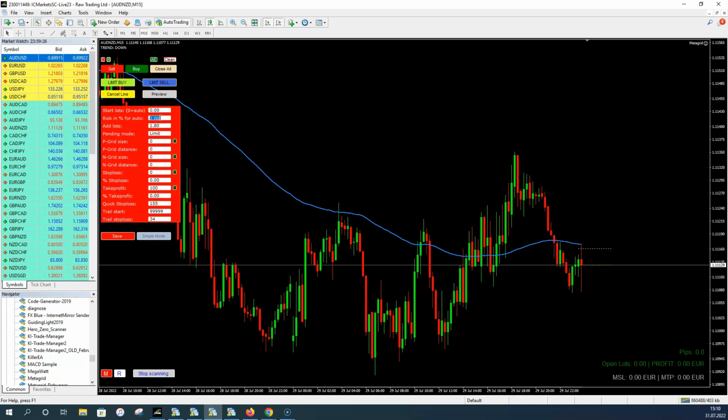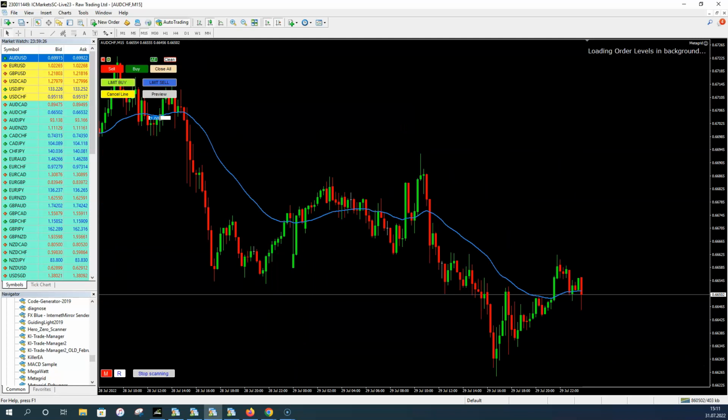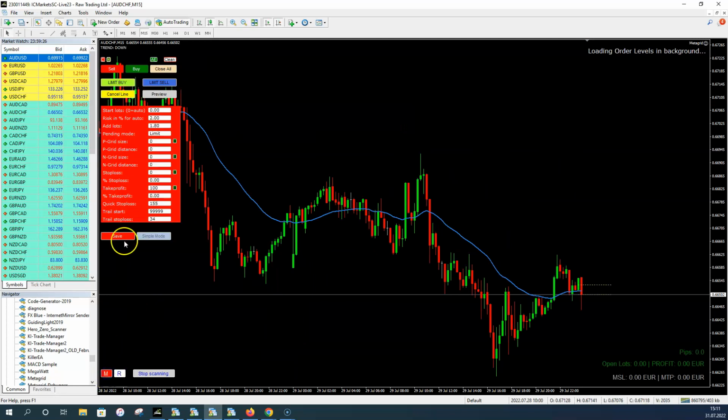So this means we have a dynamic risk, because we have told the auto trader it can decide by itself how much it wants to risk, but still we have to tell the EA what is the maximum risk we want to go. For example, we could say, okay, the maximum risk is 10%.